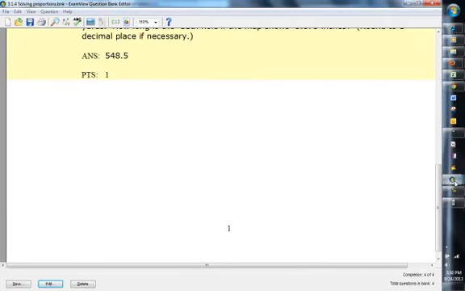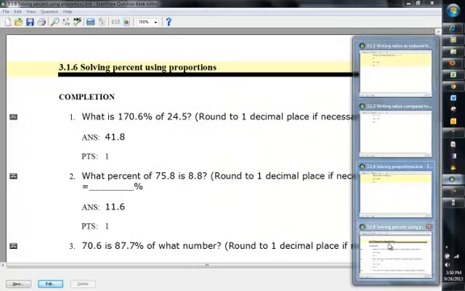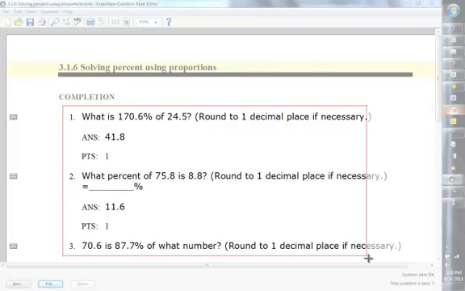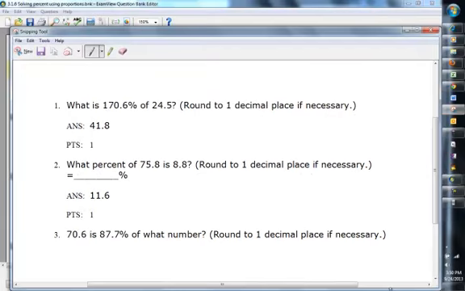Next one. In section 3.1.6, we've got some percent problems. Remember, percents are just proportions that are compared to 100. So let's look at these three problems here. In the first one, remember, it's always compared to 100. So the lower number on the other side is 100. We have 170.6. So this is the base.